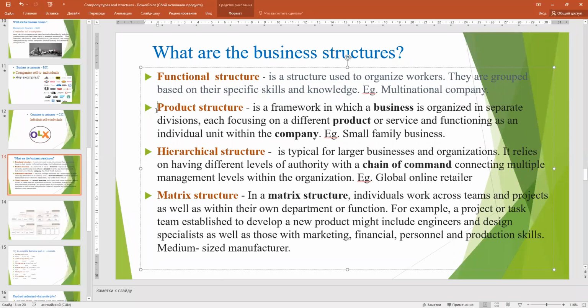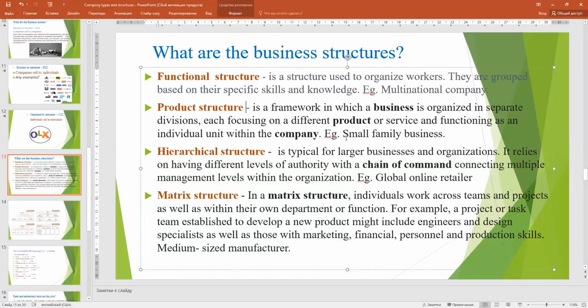And then you can see the product structure. This is the second type of the business structures. It is a framework in which business is organized in separate divisions, each focusing on a different product or service and functioning as an individual unit within the company.